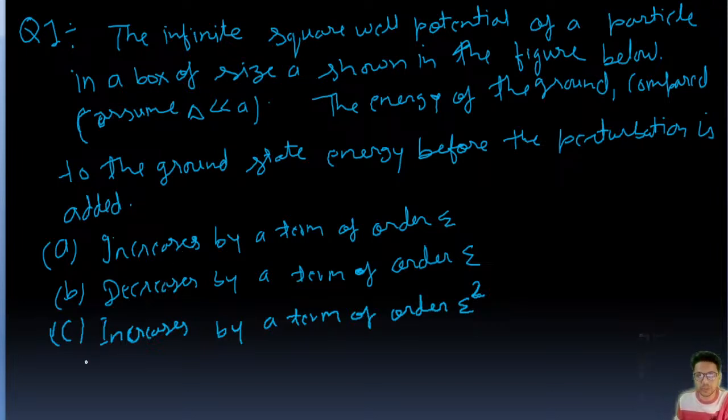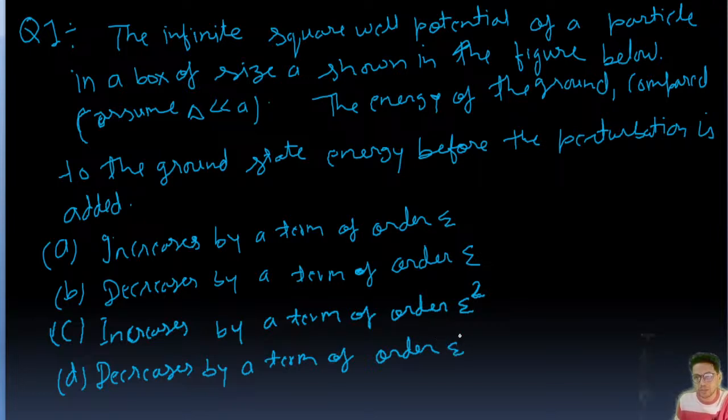And option D is, I will make a figure, then the question will be clearer to you. Option D is decreases by a term of order epsilon square.